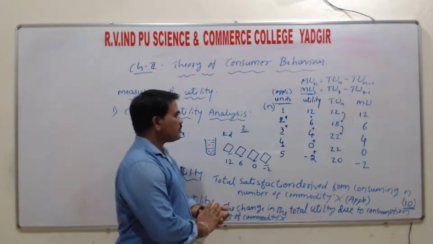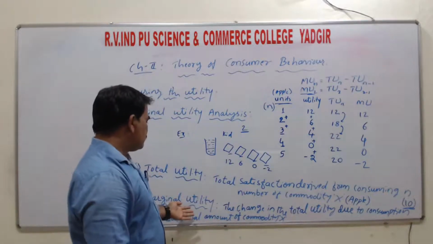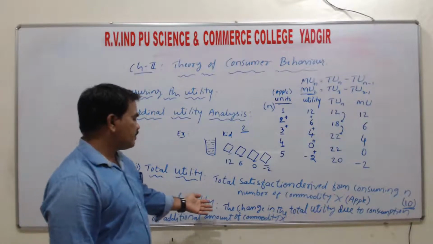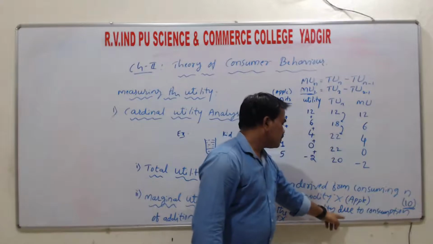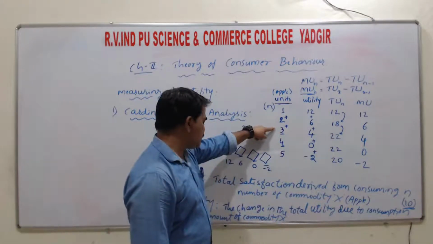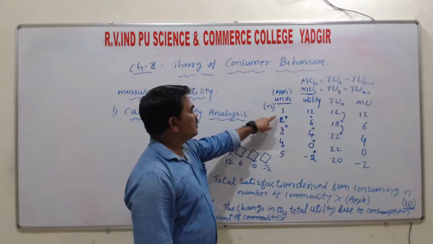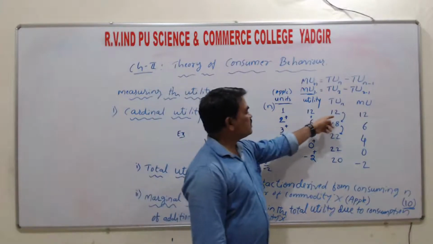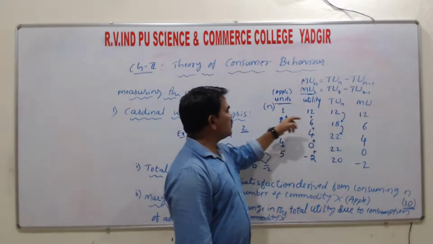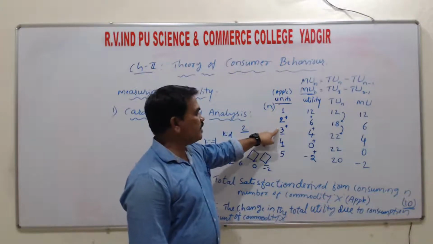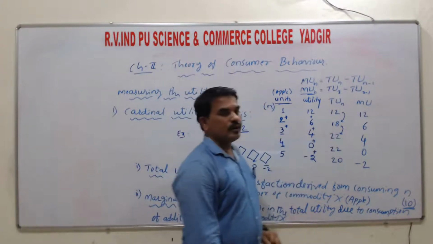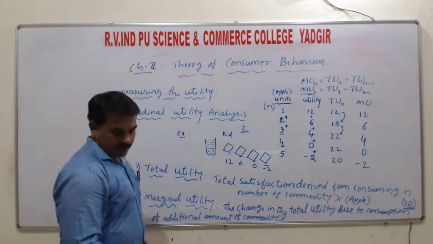Okay, so here again by the definition, what we understood is the change in the total utility due to consumption of an additional amount of commodity, it gives us marginal utility. Fine.